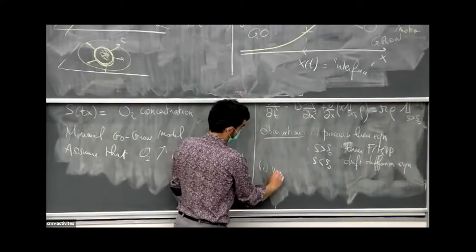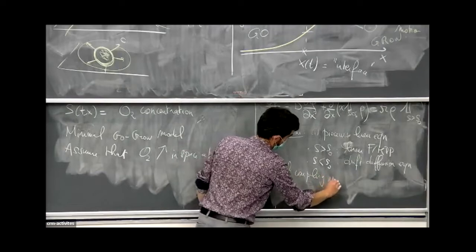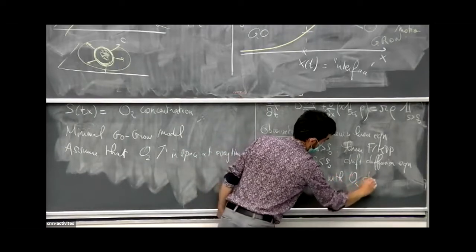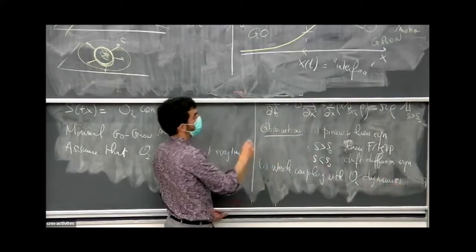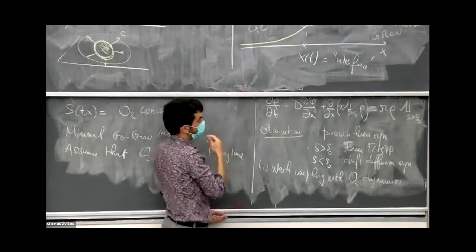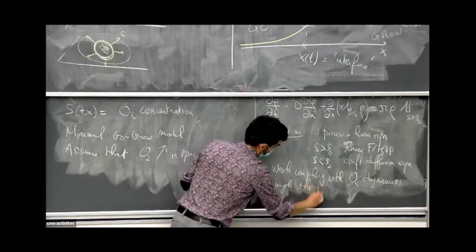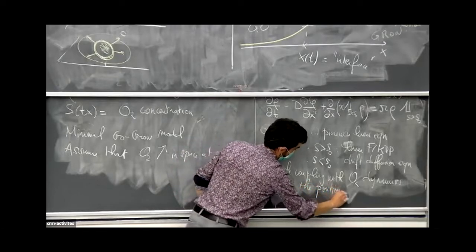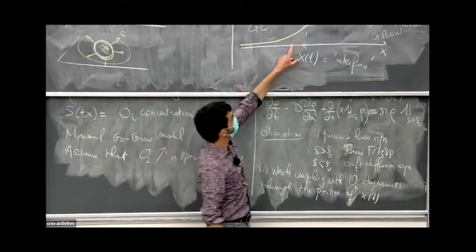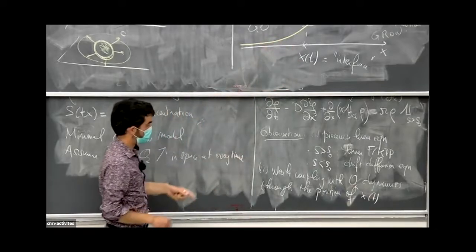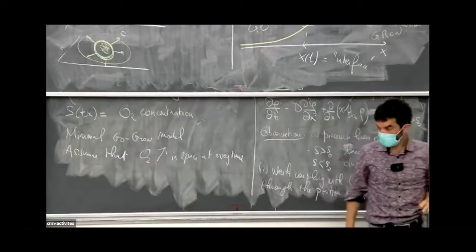And the second observation is it's a very weak coupling with oxygen dynamics. Why? Because if you know the position of the interface, so the interface is when S of x of t is S0, you can solve this equation directly.